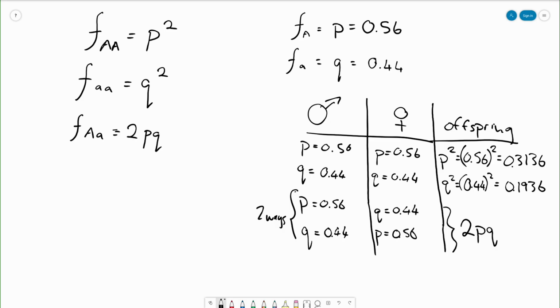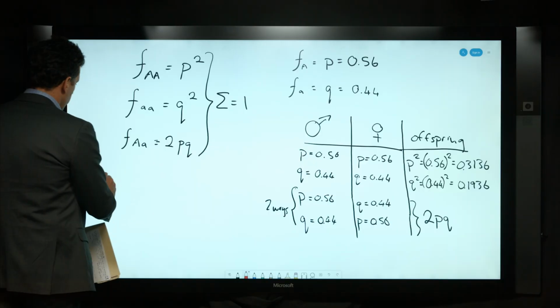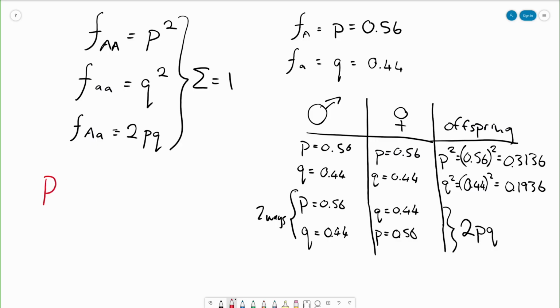Of course, these are all the possible genotypic combinations, so if we add up those frequencies, they must equal 1. This is the logic behind the following relationship: p squared plus 2pq plus q squared equals 1.